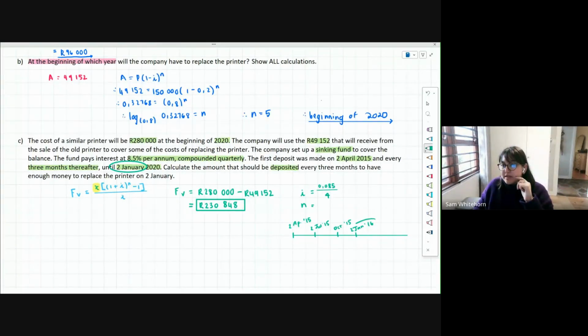So from January 2016 to the 2nd of January 2020, that's quite easy. That's a 4-year period. Okay, so that's easy enough to calculate. We're going to come back to this in a second. What we then have to bear in mind is that we have 1, 2, 3 other payments that we still need to account for.